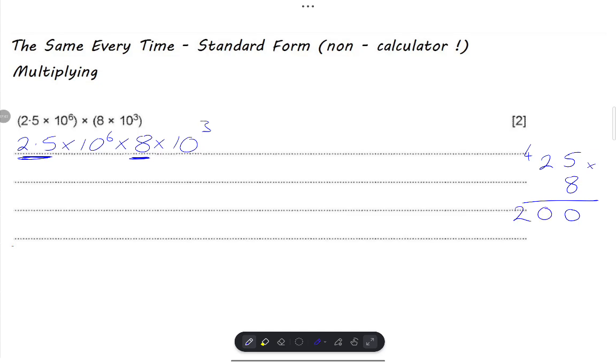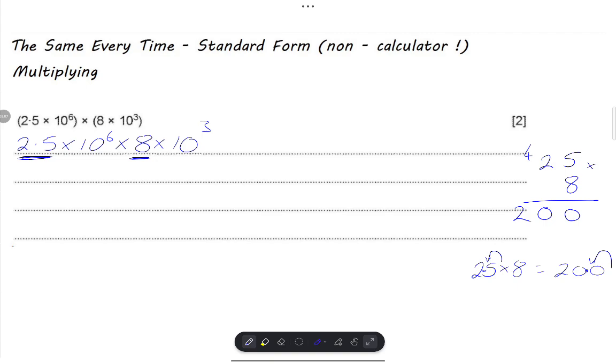So 25 times 8 is 200. I want 2.5 times 8, so I'm putting my decimal point one place in, so 20.0. Just 20, isn't it? 2.5 times 8 is 20.